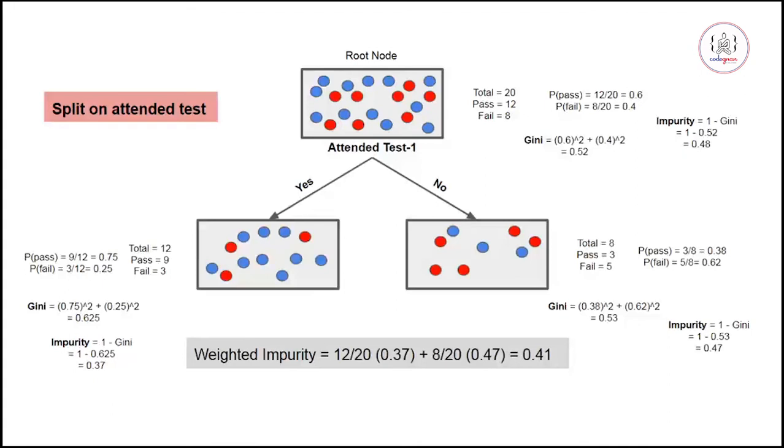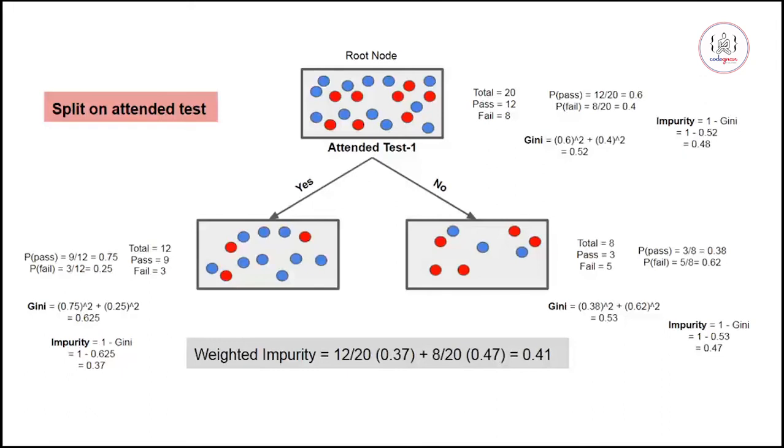So in our root node we had an impurity of 0.48, right? After this split our impurity is decreasing, or the other way to say this is that your homogeneity is increasing.